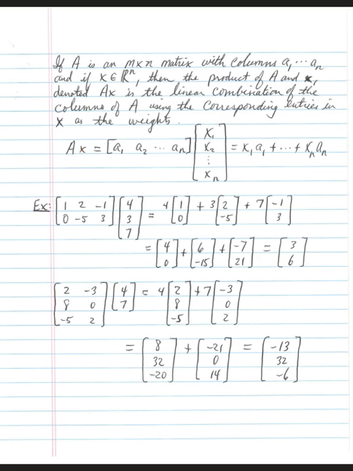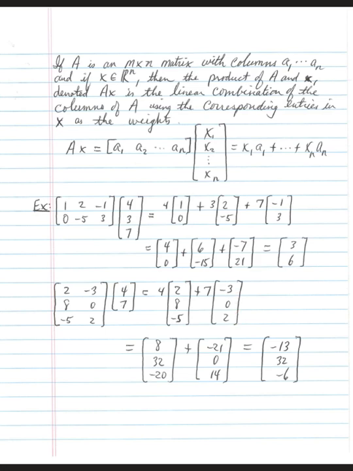Another example. A is a 3 by 2: 3 rows, 2 columns, and we're going to multiply that by vector x, which has 2 entries. First entry of x times first column of A. So 4 times (2, 8, -5). Second entry of x times the second column of A. 7 times (-3, 0, 2).